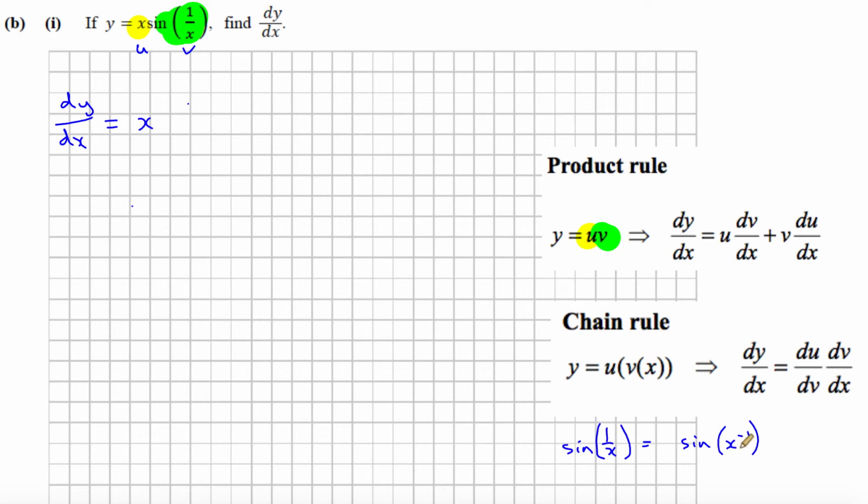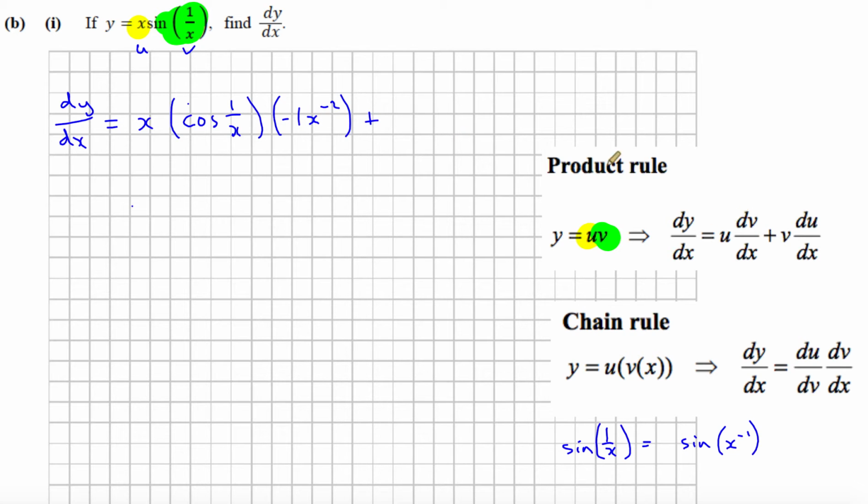So the derivative of sine of x to the minus 1 is cos of 1 over x, or cos of x to the minus 1, by the derivative of this function, by the derivative of x to the minus 1. When I differentiate this, I bring the minus 1 to the front, so it's going to give me minus 1 by x to the negative 2 when I reduce the power.